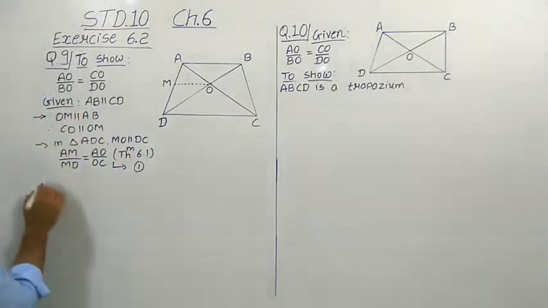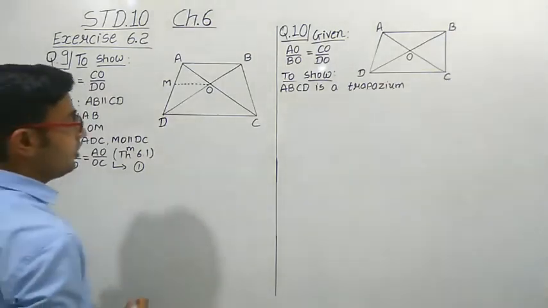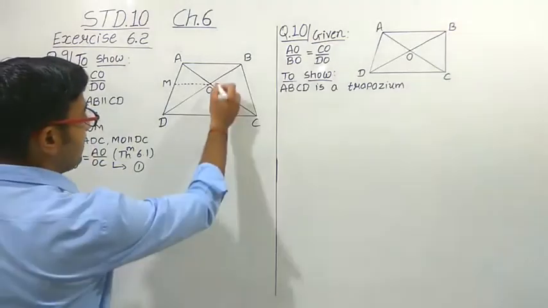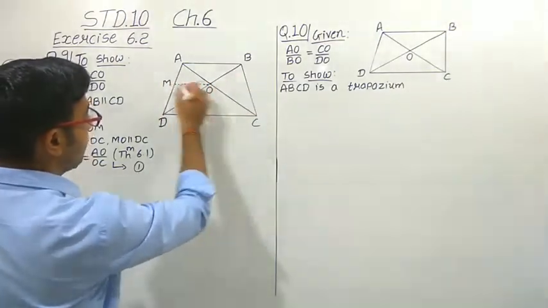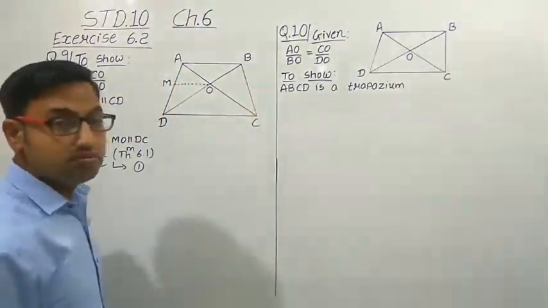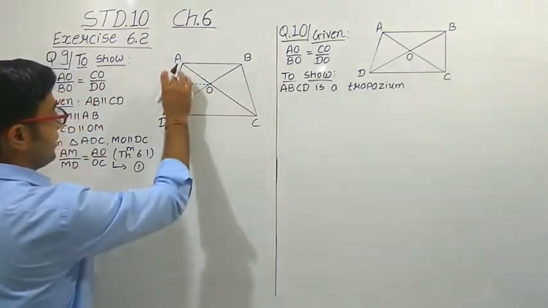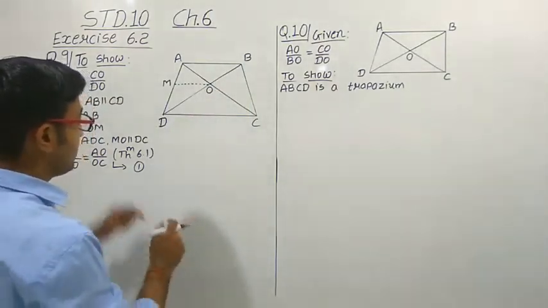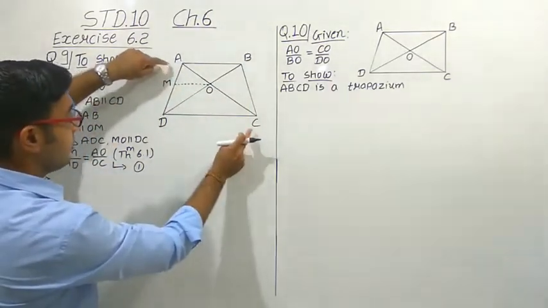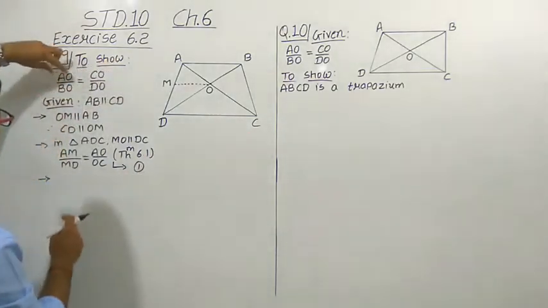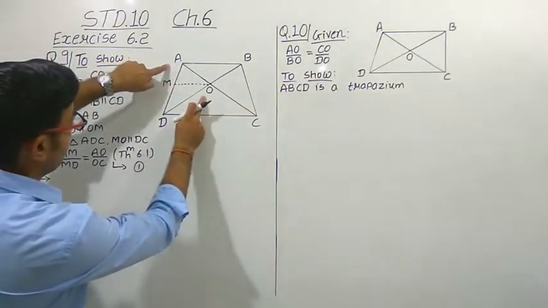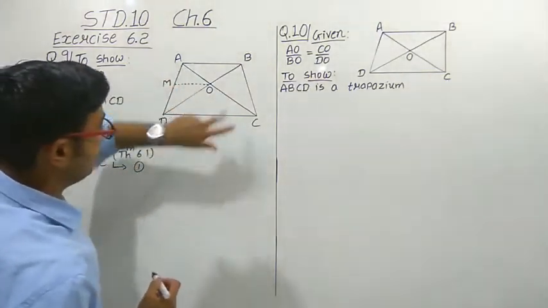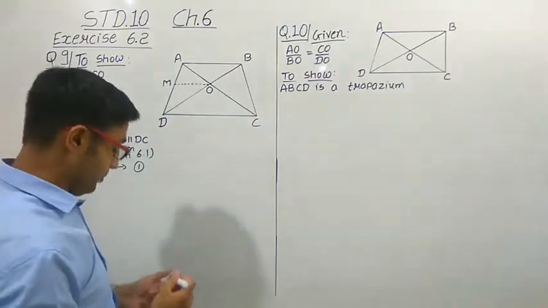Now you may think, what will happen if we draw the total line instead of just MO? Can we draw the line from this side to this side? Yes, we can, but there is no requirement to draw the total line. In triangle ADC, the two things we require are AO and OC, which we get from this triangle.